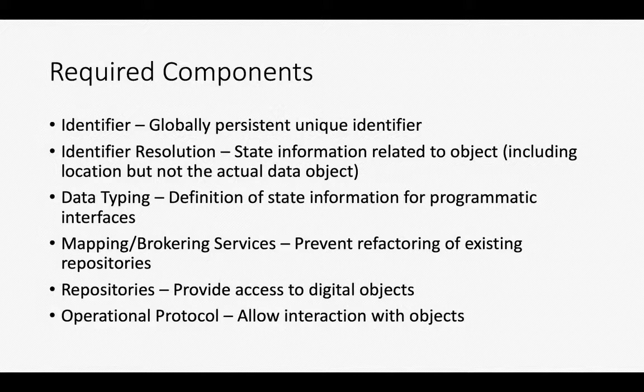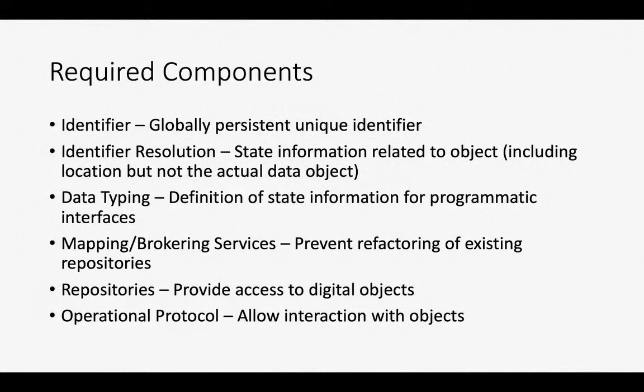A brokering and mapping service sits by the repository to prevent refactoring of existing repositories. Basically, we realize that if there's not an abstraction or an overlay to the existing repositories, we're probably dead in the water. We can't ask people to refactor their repository to play in the world of the digital object architecture.